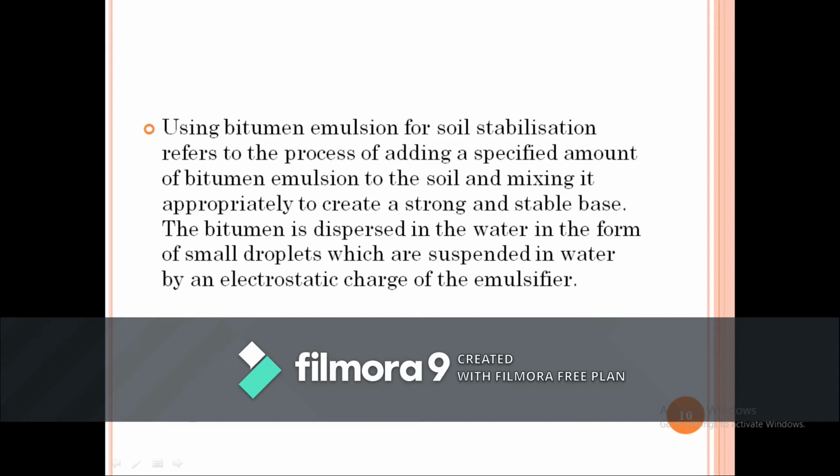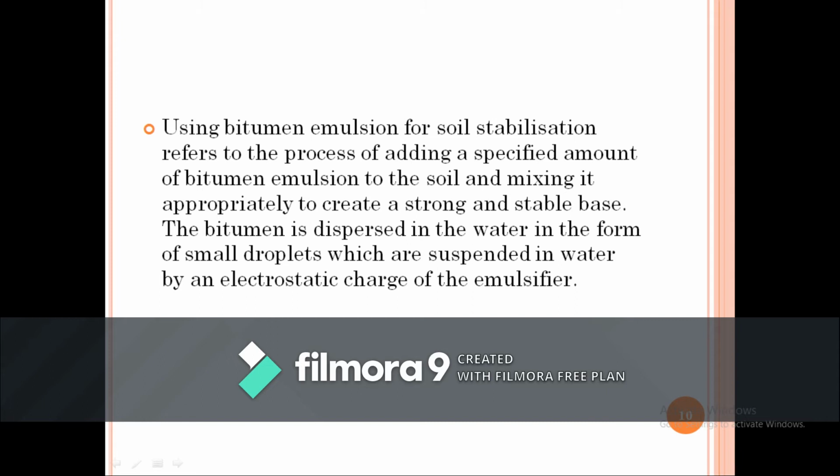So the bitumen is dispersed in water in the form of small droplets which are suspended in water by an electrostatic charge of the emulsifier. So what happens when you are using a bitumen emulsion? The main thing is you are creating a stable as well as a strong layer.